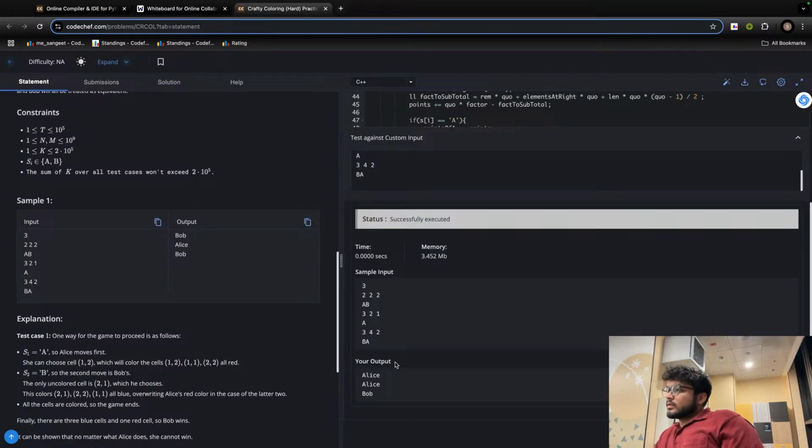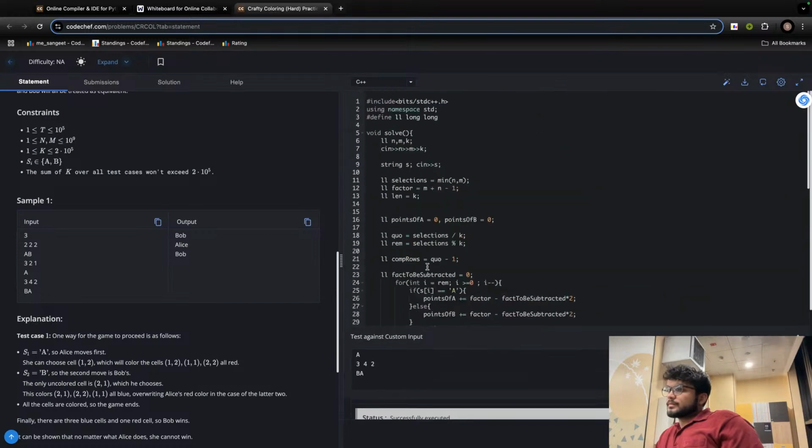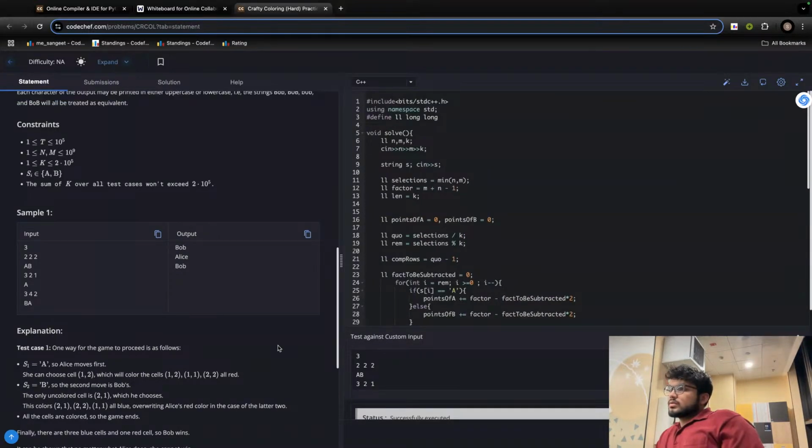Oh, where are we getting the wrong answer in the first one?